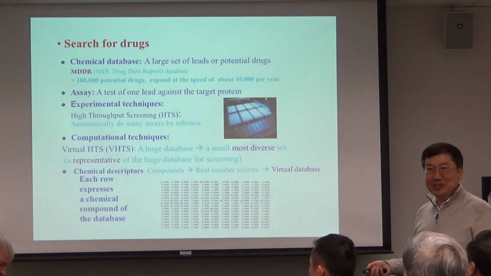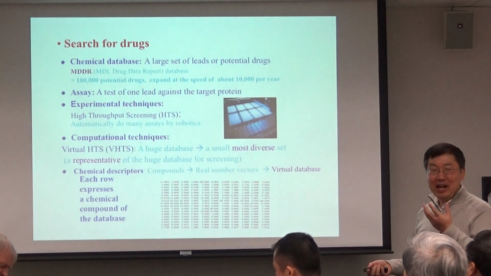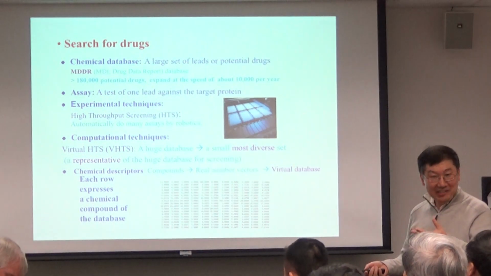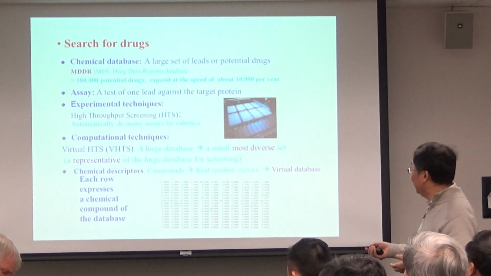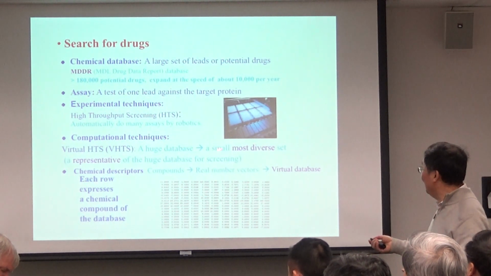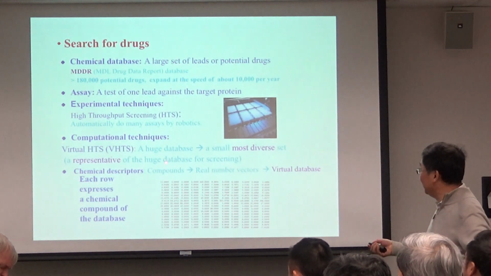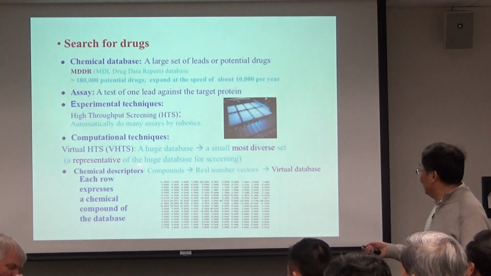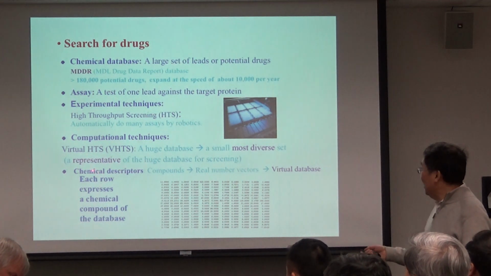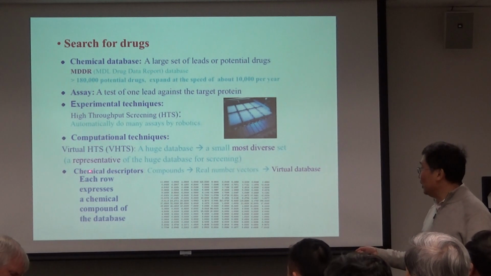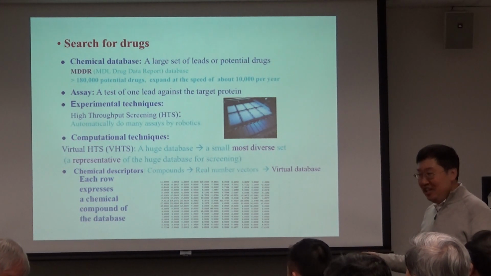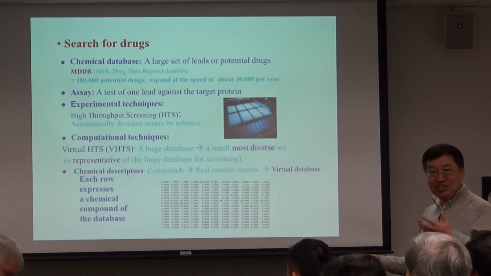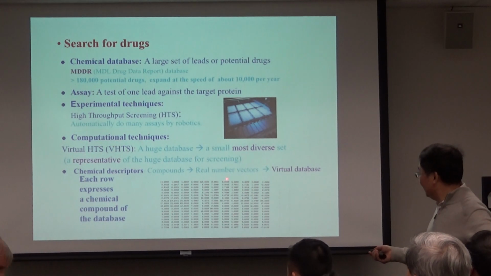So computationally, we have to digitize each drug into numbers. We call that virtual data sets. For the virtual data sets, usually we have to set up so-called chemical descriptors to characterize each compound with numbers.